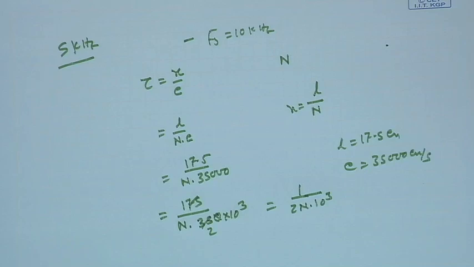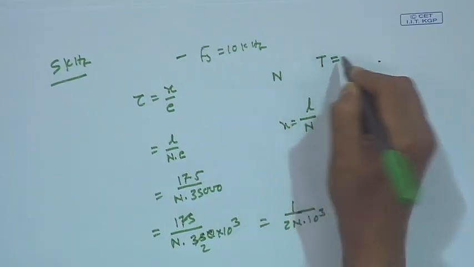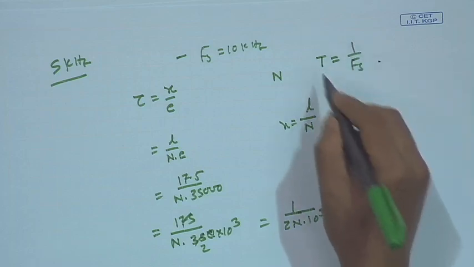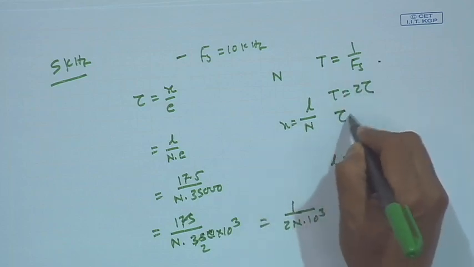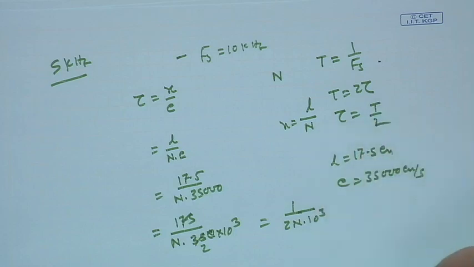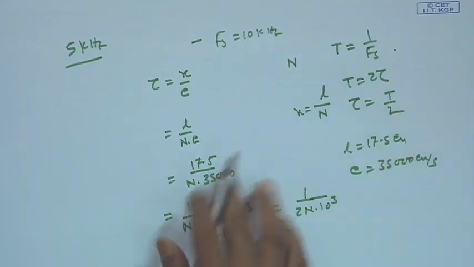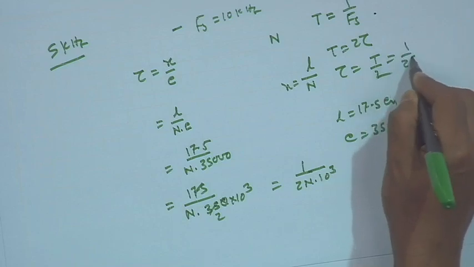Okay. Now, what is tau? T is equal to 1 by Fs, and T is equal to 2 tau. So, tau is equal to T by 2. What is T? T is nothing but 1 by Fs.